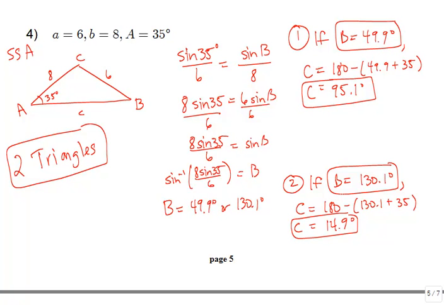All right, so let's go back to this first case. If this angle here is 49.9 and this is 95.1, we now need to use that information to still find this missing third side C. So the proportion that I would want to set up would be very similar to the first one we set up, sine of 35 over 6, but this time I'm going to use angle C. So sine of 95.1 over side C, cross multiply, divide both sides by sine of 35.